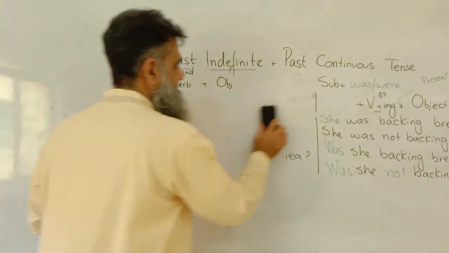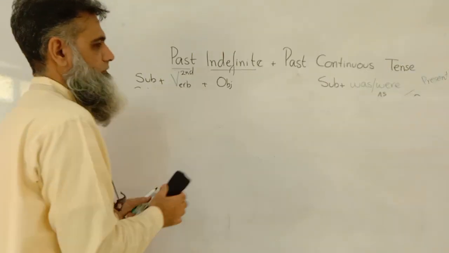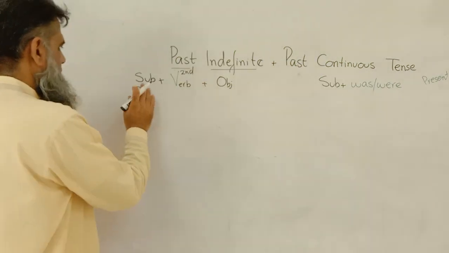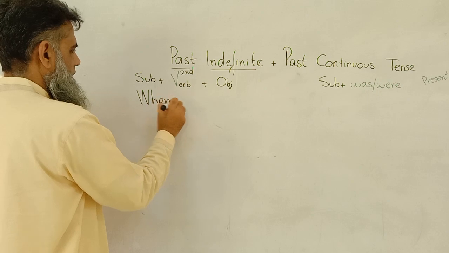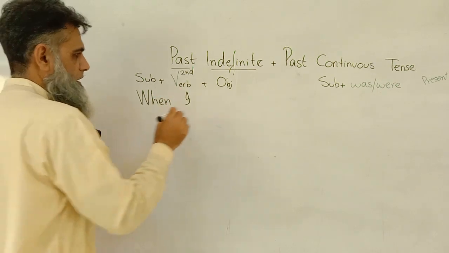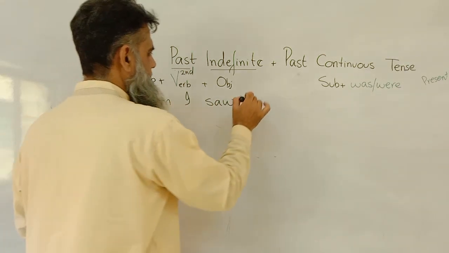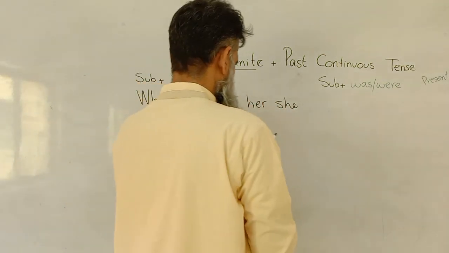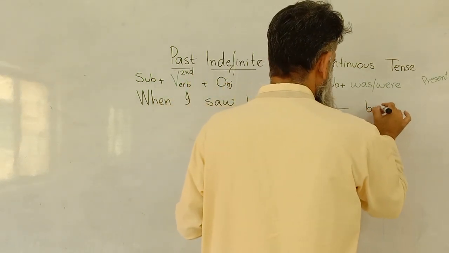For example, here we have an adverb of time. When I saw her, this is the second form. When I saw her, she dash bread.